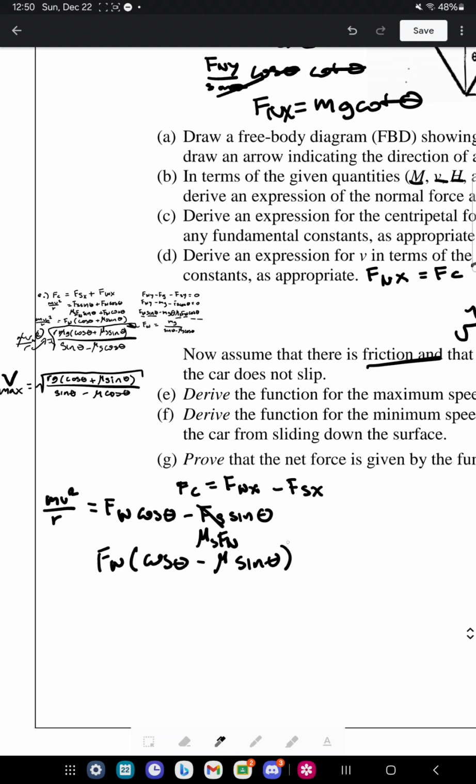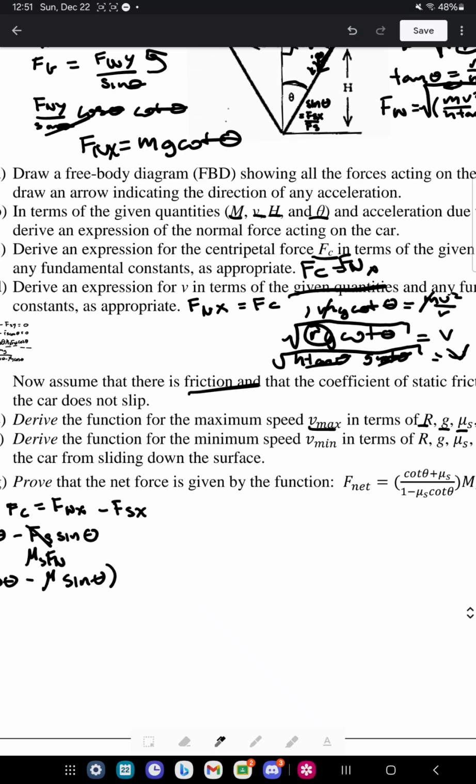And let's see, f of n we solved for earlier in the other equation. Actually the f of n would be different because static friction is moving the opposite way.